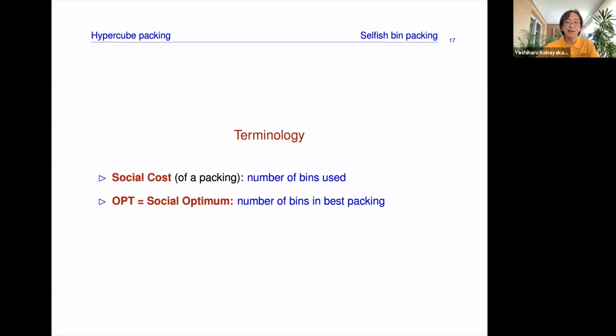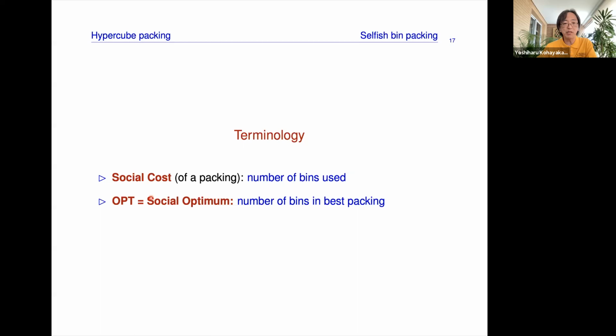Now, given a packing, we call the social cost of the packing the number of bins that the packing is using. The optimum is when all the items, all the rectangles, discuss globally and fit themselves in the best possible way into the bins.